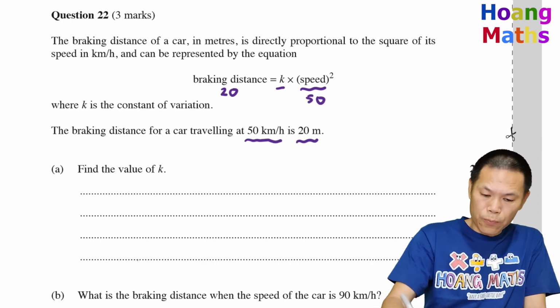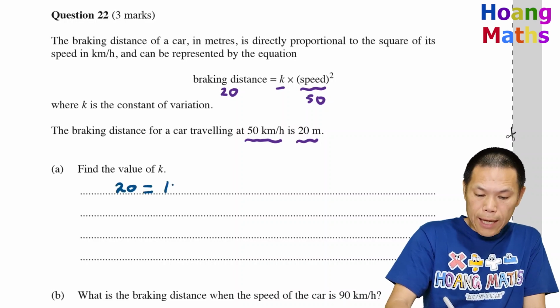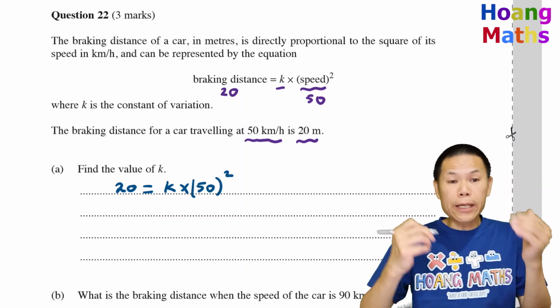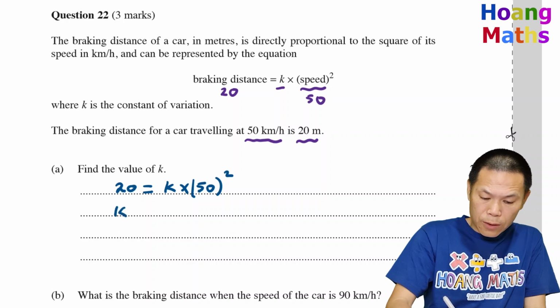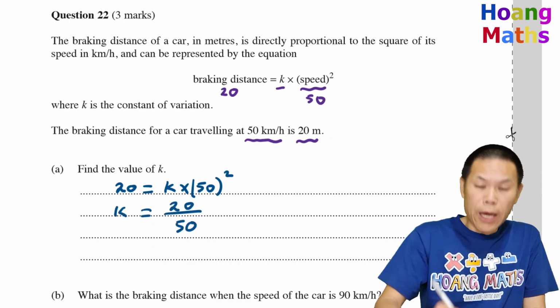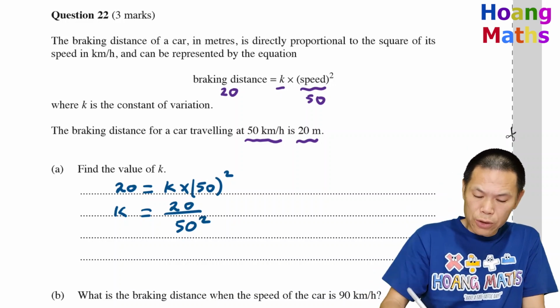So I go 20 equals K times 50 squared. So K is equal to 20 over 50 squared. I don't have the brackets, but it doesn't make any difference.